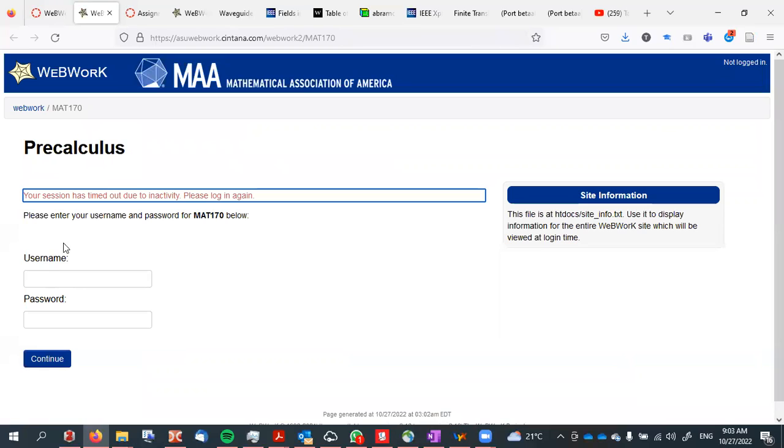So if your email is ahmed.mahmoud@gu.edu.eg, simply you enter ahmed.mahmoud as the username, and the password is the university ID, the number that you received from the university.